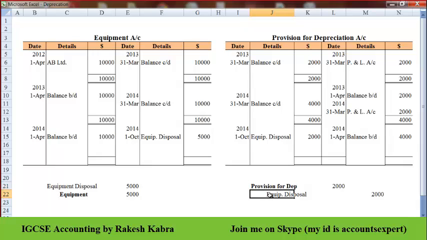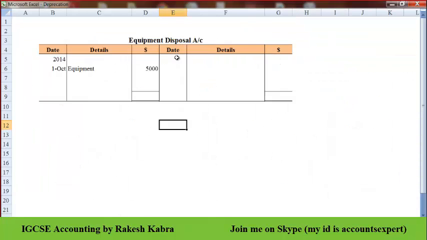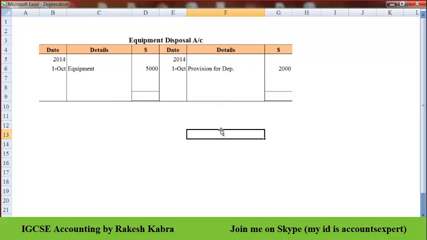Now equipment disposal is created. So on the credit side of equipment disposal, first I will put the date 2014 October 1st. On the credit side I will put the amount 2,000 and I will write here the name of the opposite account, provision for depreciation. Got it?